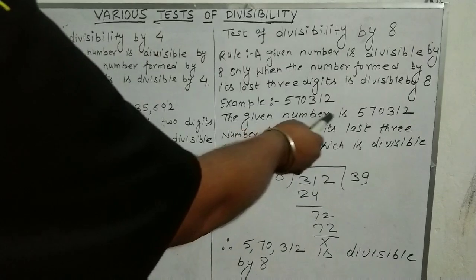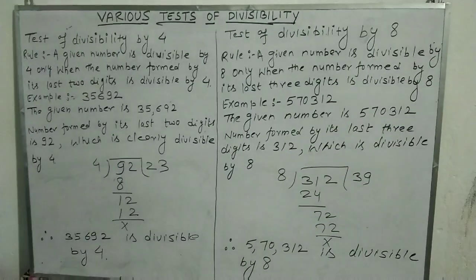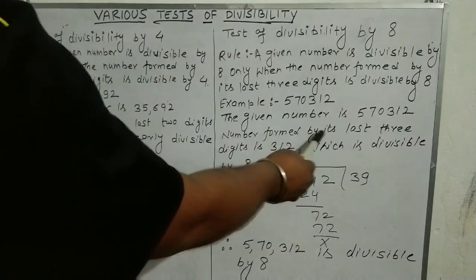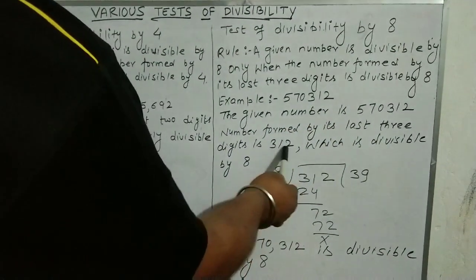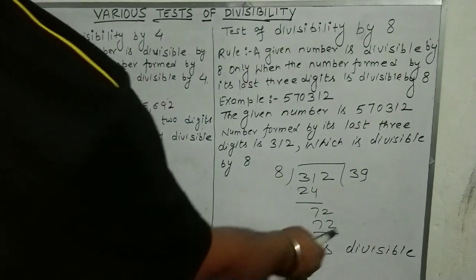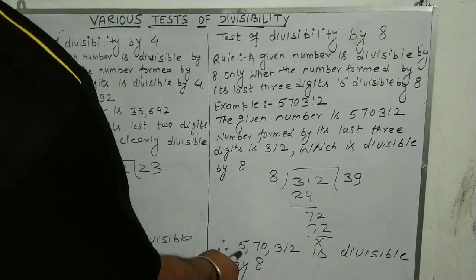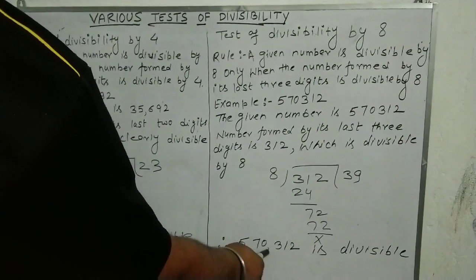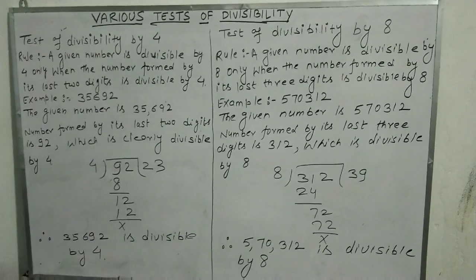The number formed by its last three digits is 312, which is divisible by 8. So, 5,70,312 is also divisible by 8.